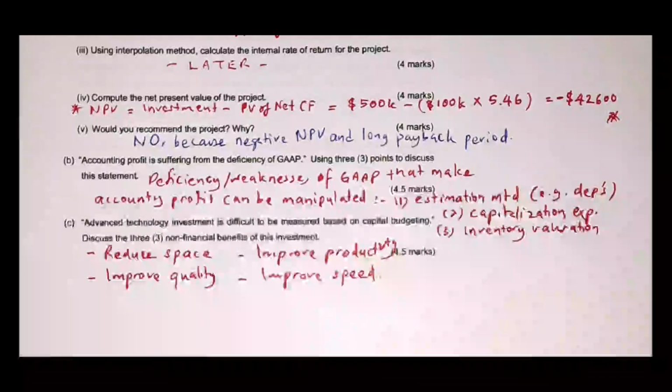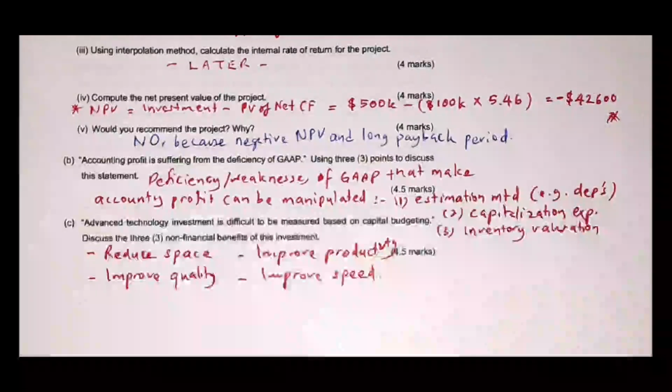And number 3, inventory valuation. You have learned in financial accounting, if you have a business, you can choose to use several methods to calculate the value of your ending inventory.